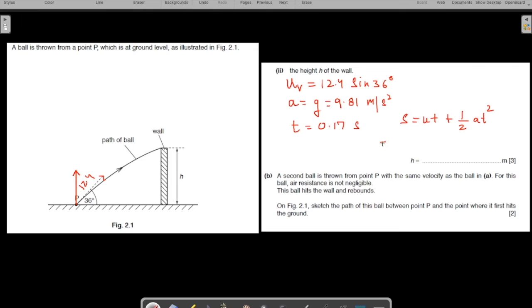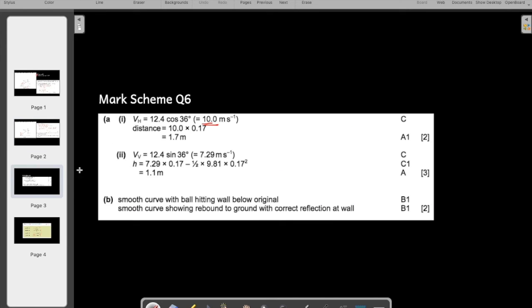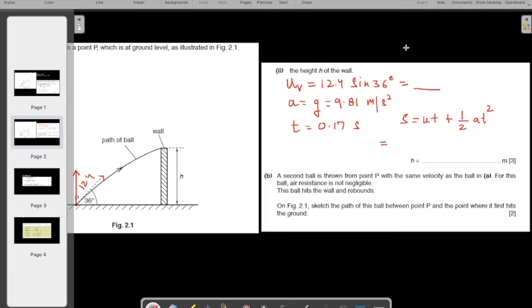Let us substitute the values. Substituting the values is also critical. Initial vertical component of the velocity, when you solve this, what is your answer? Please write it down. Let me check in the mark scheme. It was 7.29. The answer for the initial vertical component should be 7.29.